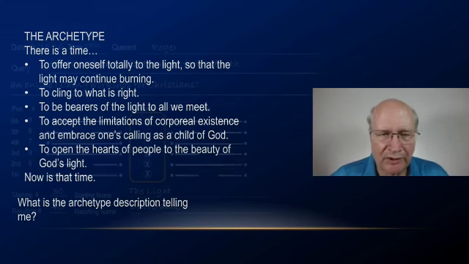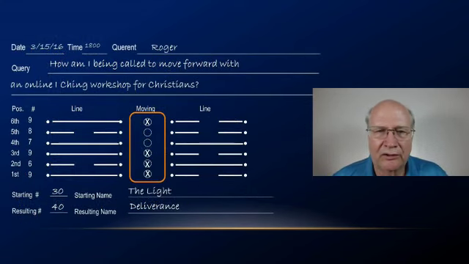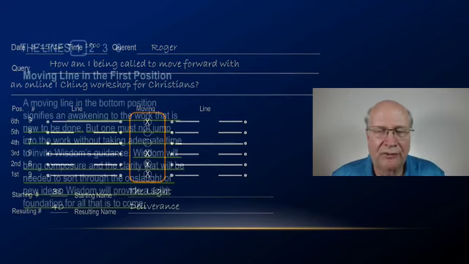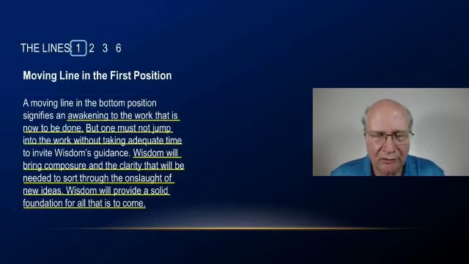Now we can look at the moving lines. The moving lines are going to bring me to the specific sections of the line area, which I'm called to read. So I'm called to read the moving lines in the first, second, third, and sixth position. I'm not going to go through all these. You can kind of read them, and really it's not so important what my reading is as it is how you can use this understanding to do your own reading.